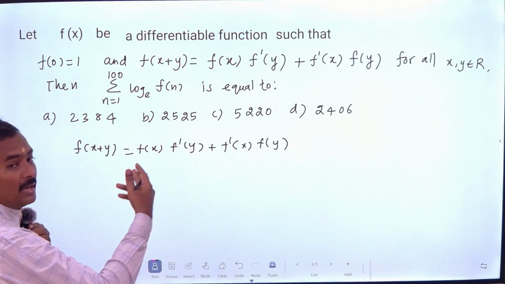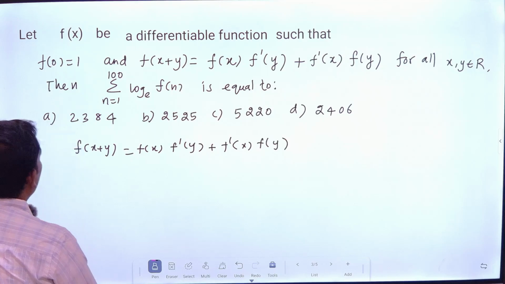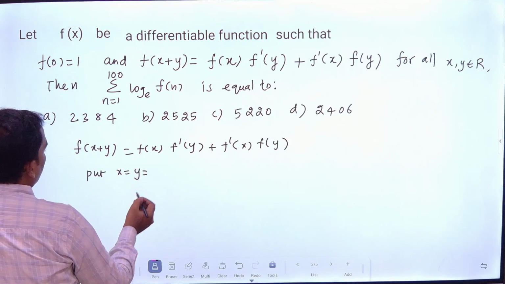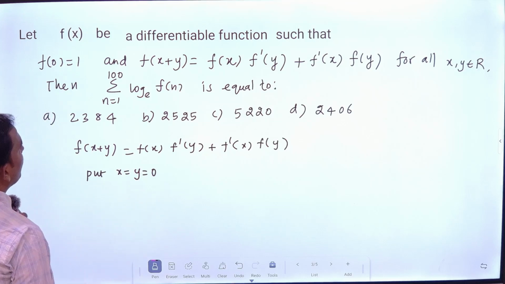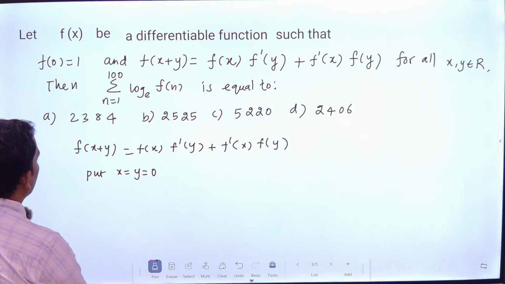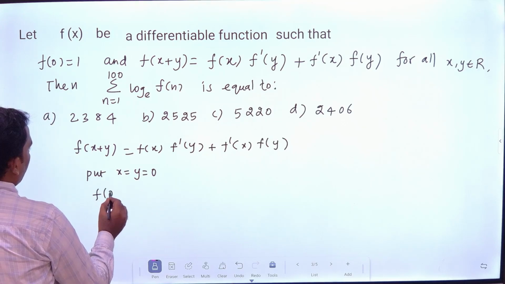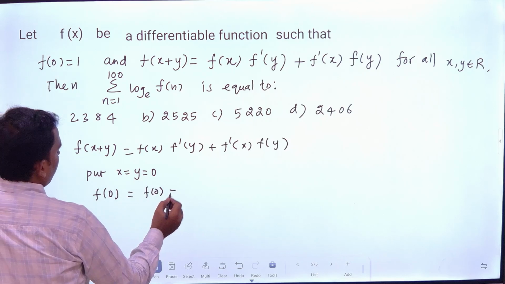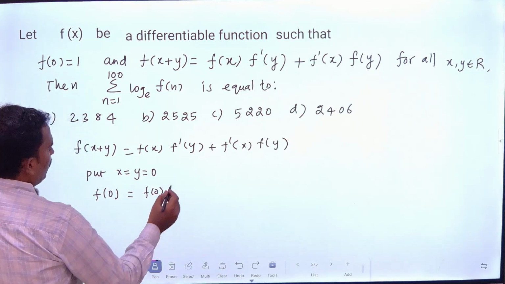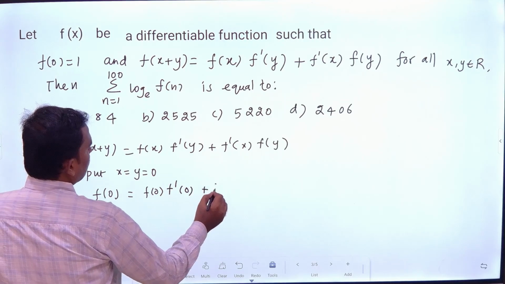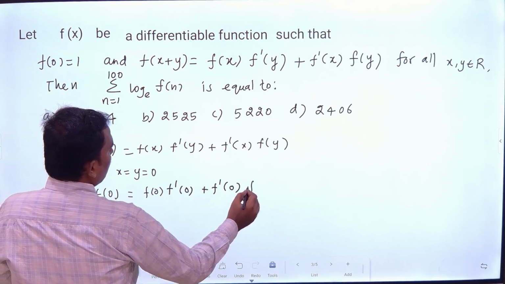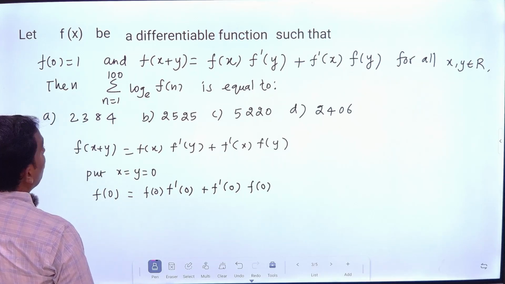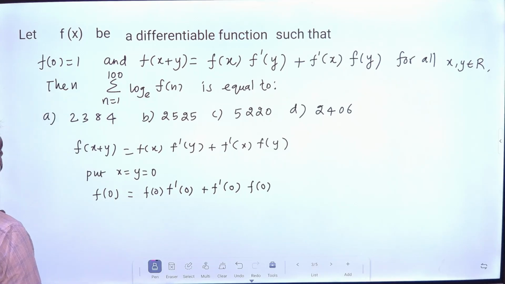So x and y may be any real number, right? Let me put x is equal to y is equal to 0 and substitute in the function. What will we get? F of 0 is equal to f of 0, f dash of 0 plus f dash of 0 into f of 0, right? One more thing is given to you, f of 0 is 1, right?